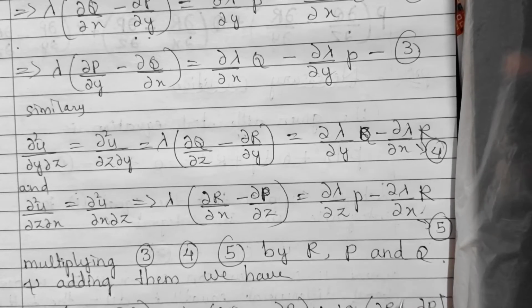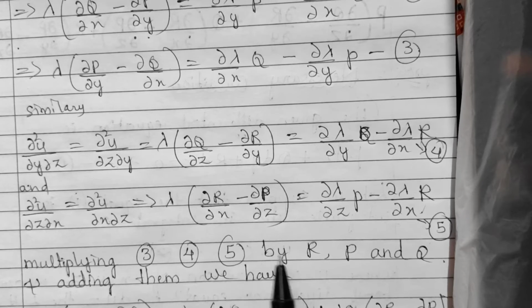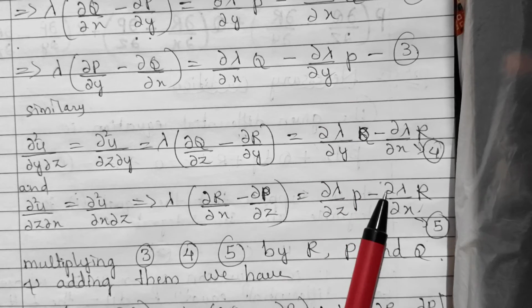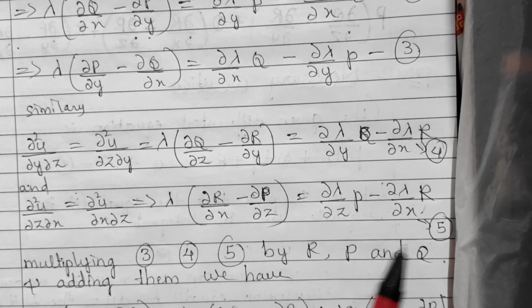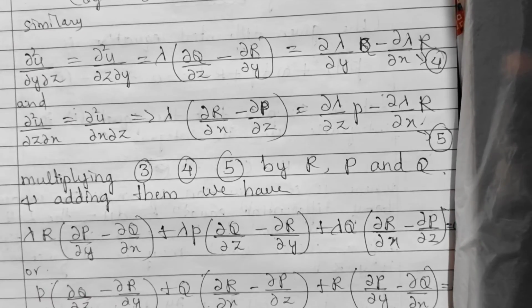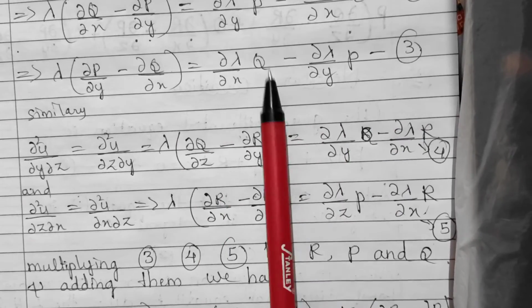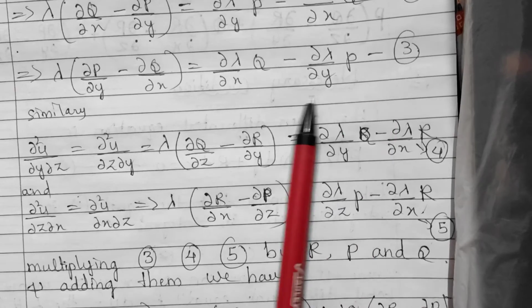After getting these 3 equations, multiply equations 3, 4 and 5 by r, p and q, and add these 3 equations. What is our first equation, that is the third equation, we have to multiply by r. Therefore this equation into r.